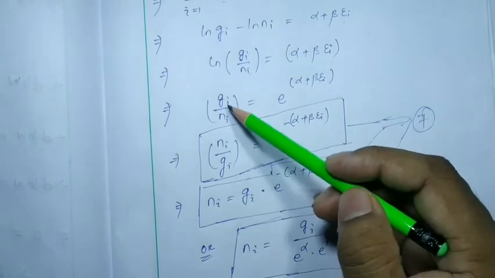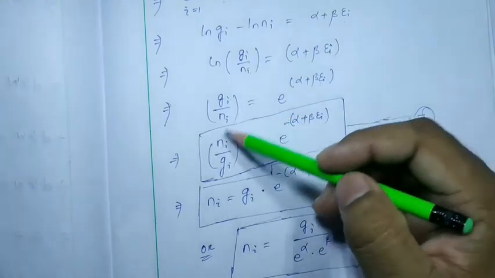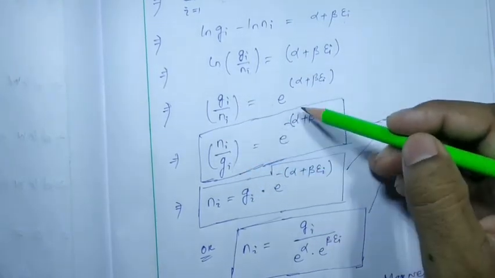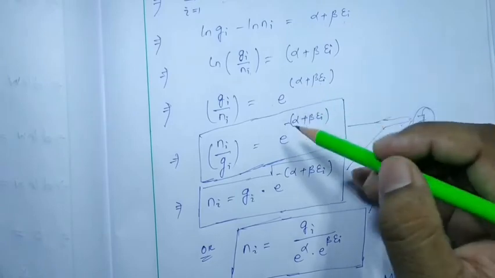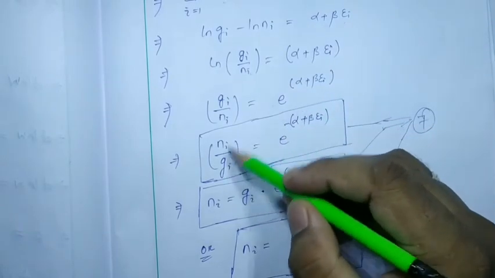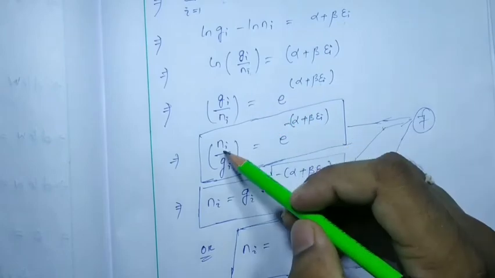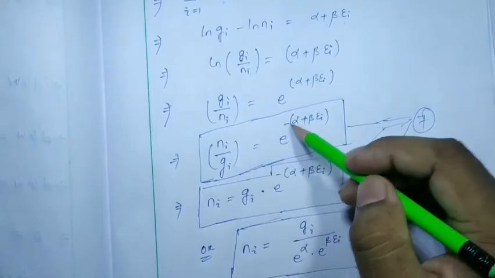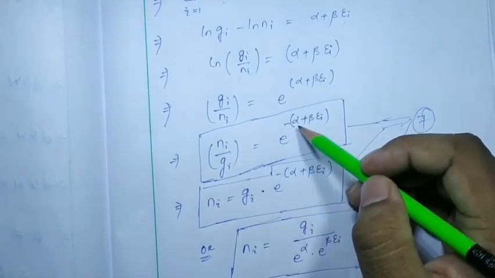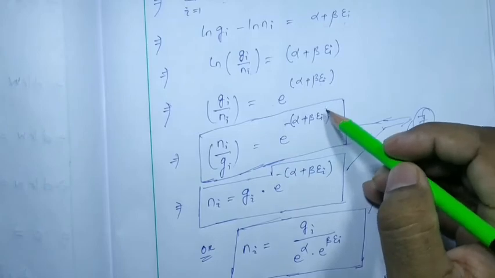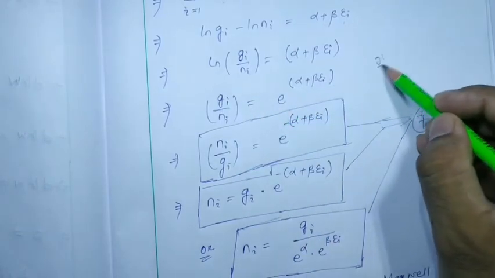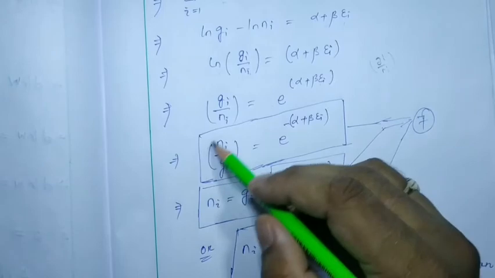Here gi by ni is this much. If I reverse it, then the exponent will also reverse, and it will be e to the minus, ni by gi. Here gi by ni is e to the plus, ni by gi is e to the power minus alpha plus beta epsilon i. See, this is gi by ni. How am I going to get ni by gi?